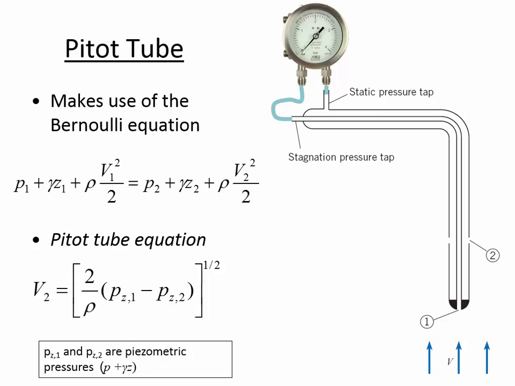Remember, P sub z is pressure plus gamma z. And so P sub z1 would be P1 plus gamma z1. And likewise, P sub z2 would be P2 plus gamma z2.